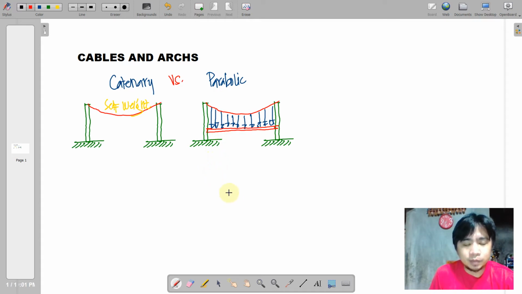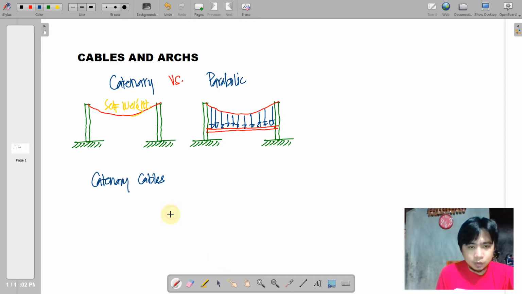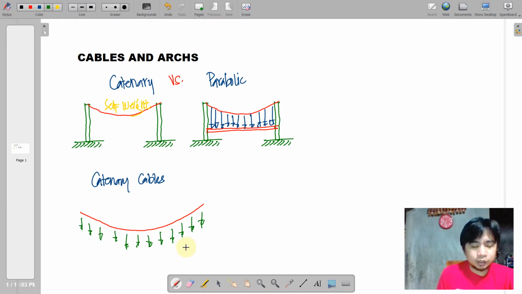So what are the principles in analyzing a parabolic or a catenary curve? Let us have some principles. In catenary cables, we consider an independent cable which carries its own weight, say W. If these points are A and B, there will be a corresponding tension at those points.